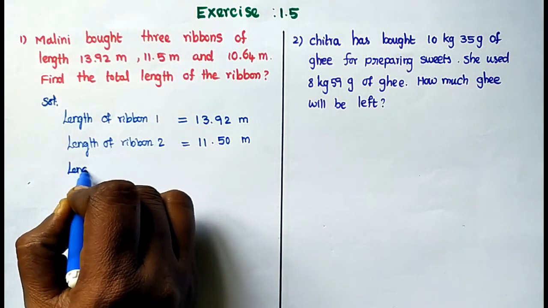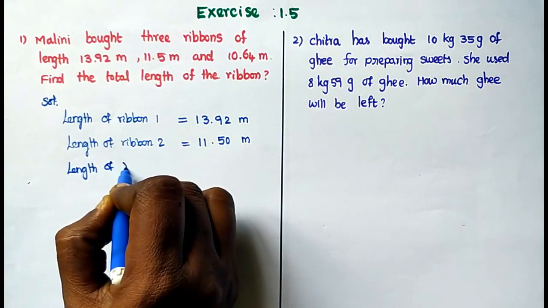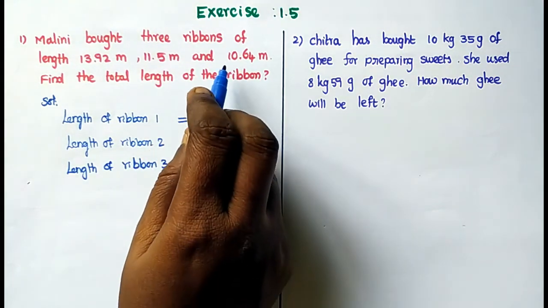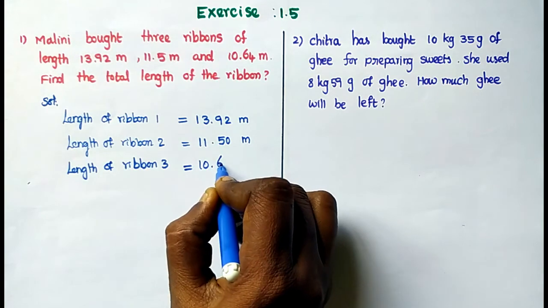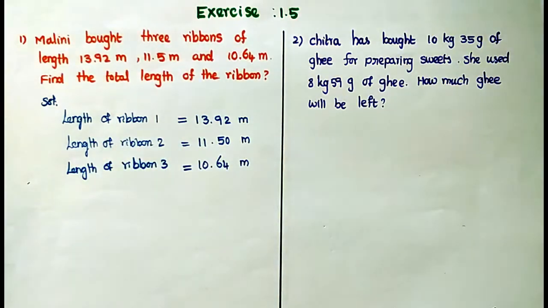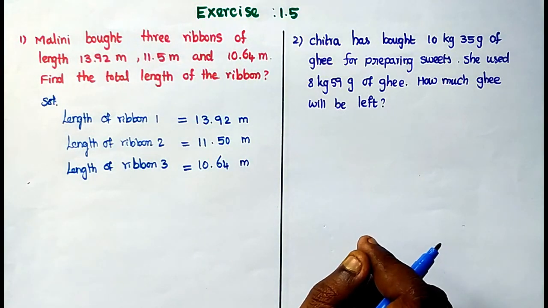Next, length of ribbon 3, 10.64. They ask the total length. Total means that is addition.